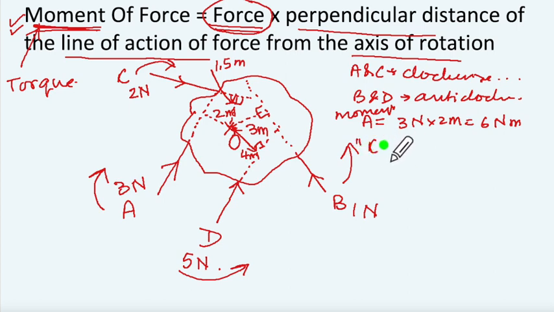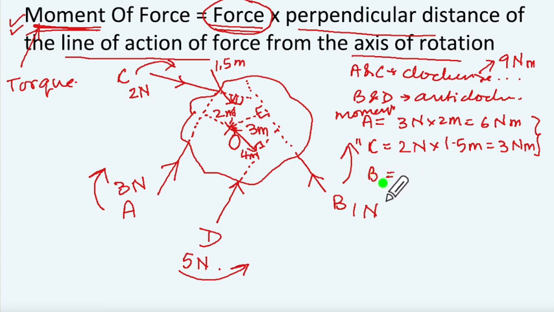Moment of C will be 2 Newton multiplied by 1.5 meter, that is going to be 3 Newton meter. And this is going to give us the total clockwise moment. So total clockwise moment will be 6 plus 3, that is 9 Newton meter.